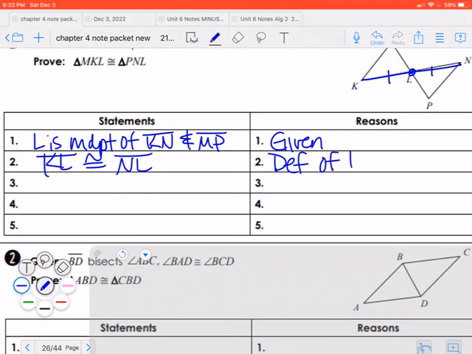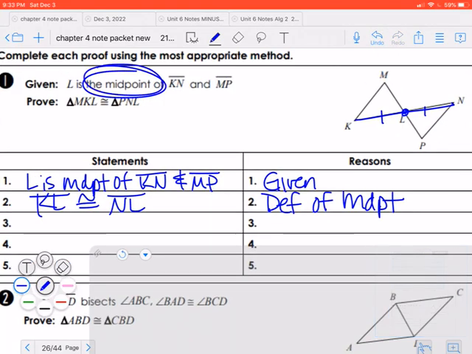Definition of midpoint. Once they tell you something's a midpoint, you then, right after that, you say that the two sides are congruent. All right, so we were able to say KL and NL are congruent because L was the midpoint of KN.